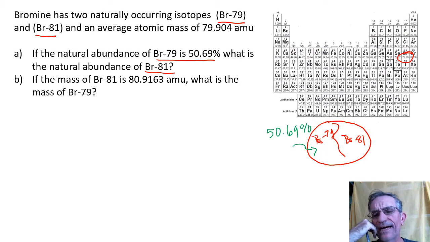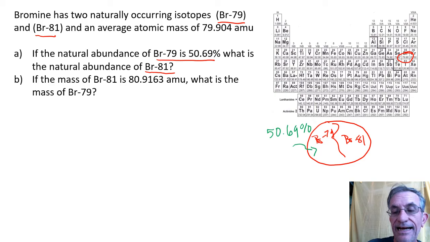Well, how would you figure that out? One way is, all the isotopes should add up to 100%. There's only two types, so the total of both of them should be 100%. If I ask you how much of the bromine in the world is bromine 81, together they're going to make 100%.